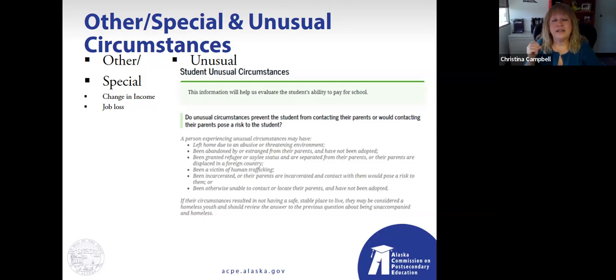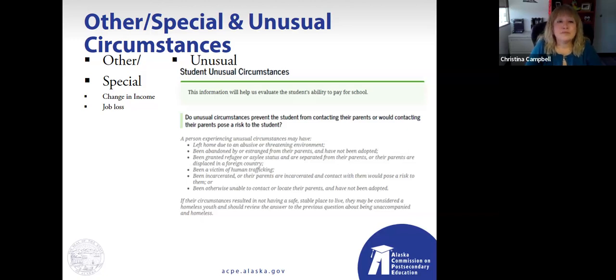That puts them in an unusual circumstance. They can request what's called an override through the college or training program that they're going to. Only the financial aid director of that college or training program can award what's called the aid adjustment or override of dependency status or financial status.